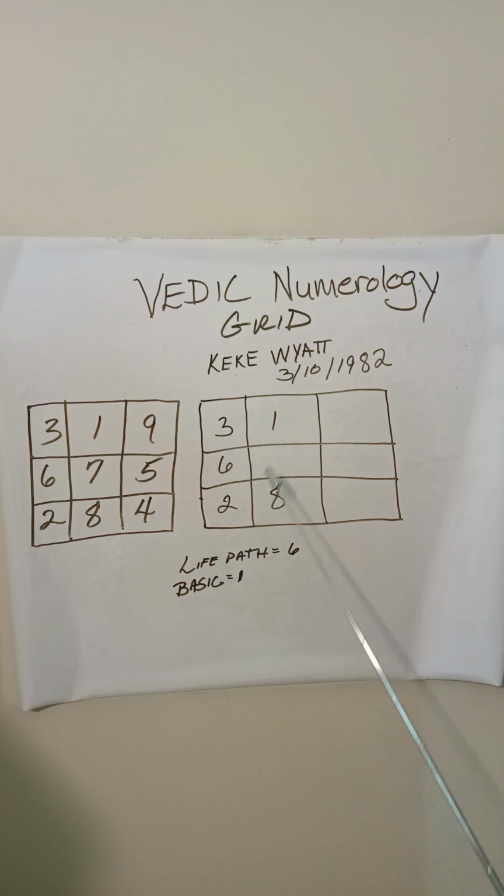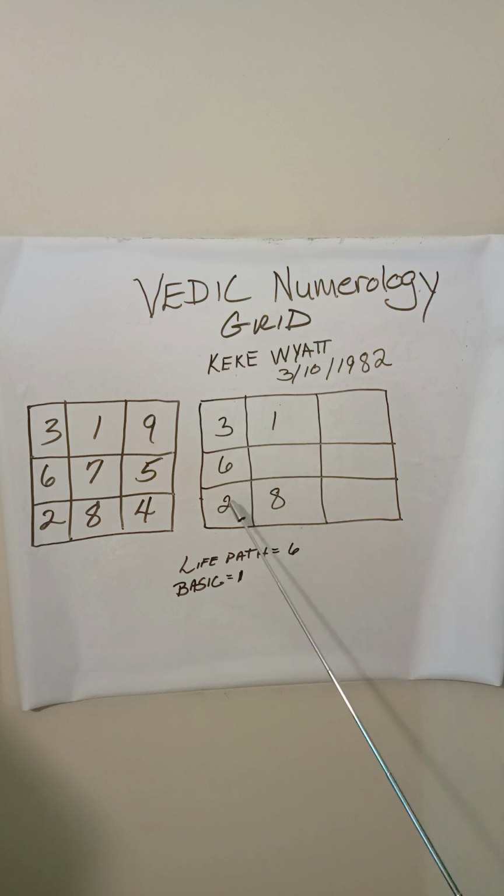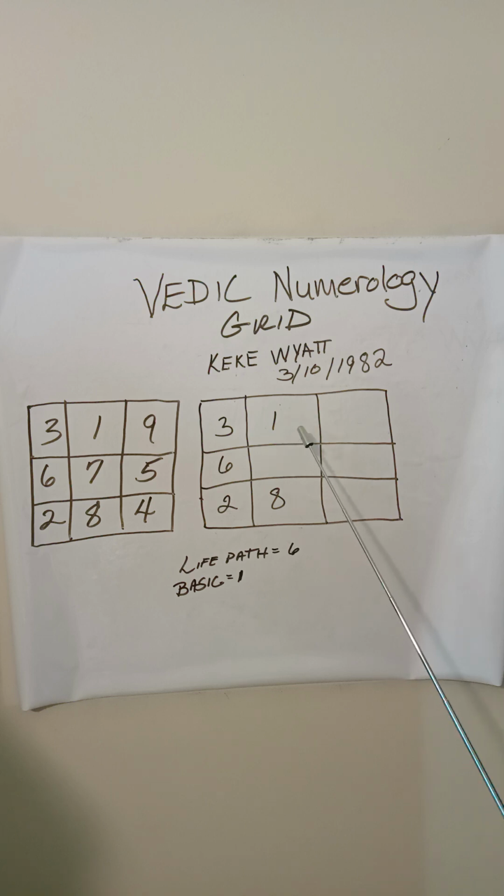Now, I find this combination, and this can be in various ways, the 1 and the 2 are very common for what they call a good yoga, or a beneficial yoga would be much better. The term they use is Raja, R-A-J-A, Raja yoga.